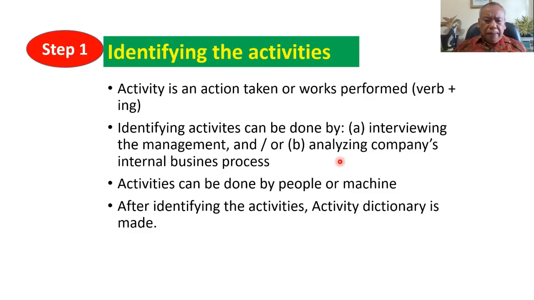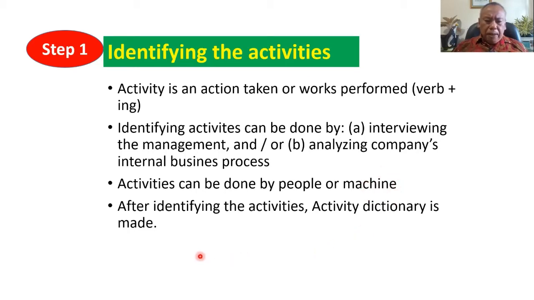And then the activity is not only done by people, but can also be done by equipment or machine. For example, CCTV performs the monitoring activity. It is equipment, right? But this equipment actually performs the monitoring activity.